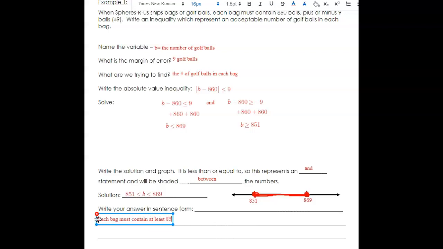At least 851 golf balls. But no more than how many? Than 869. So that's our answer in sentence form. Each bag must contain at least 851 golf balls, but no more than 869 golf balls.